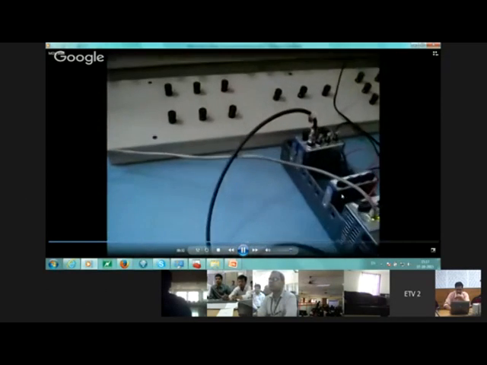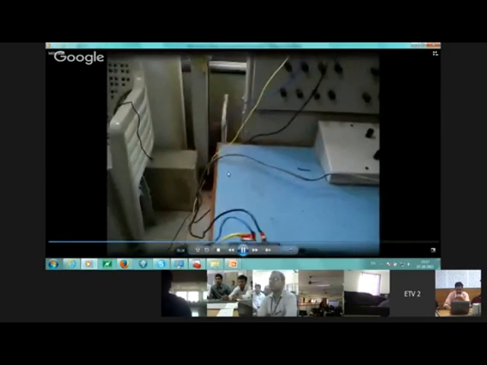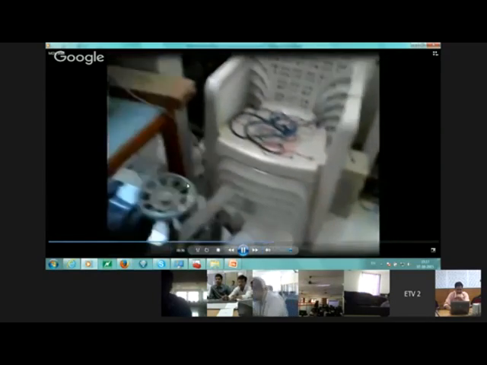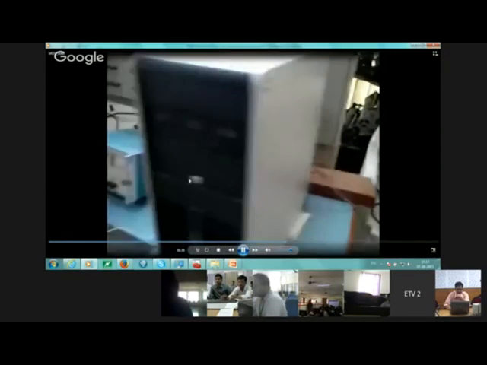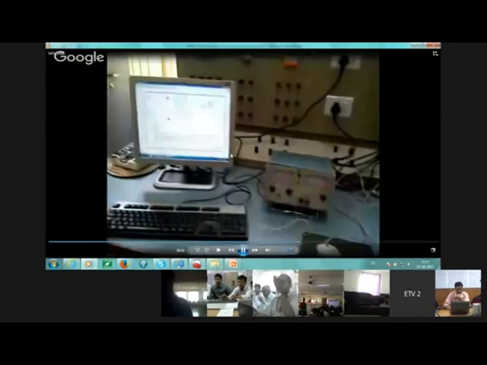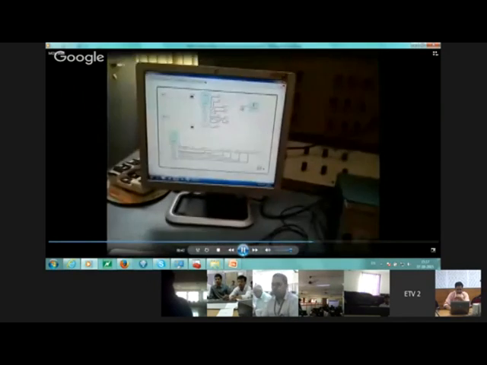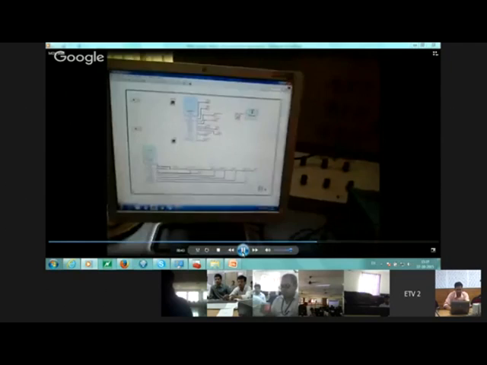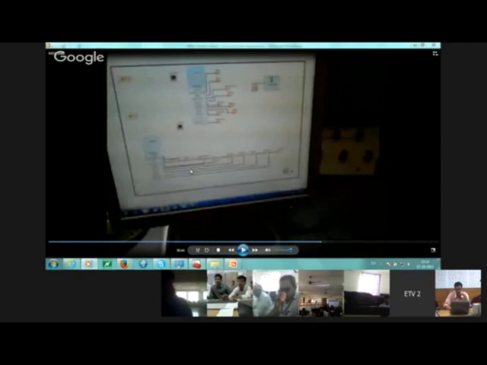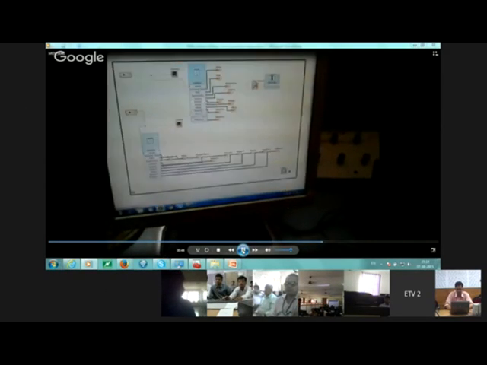This is being connected with the computer by a LAN cable to a remote place. Here we have the programming. We can have various programming algorithms here. We can have kurtosis, mean or pre-filtering, and then we can apply various advanced algorithms to diagnose the actual fault of the motor.